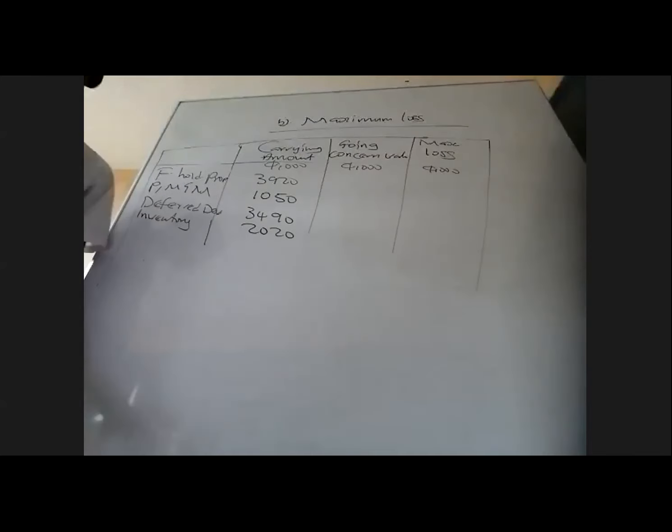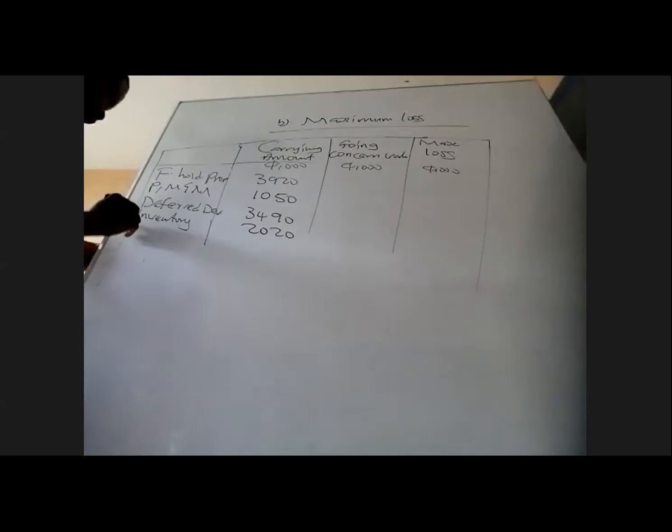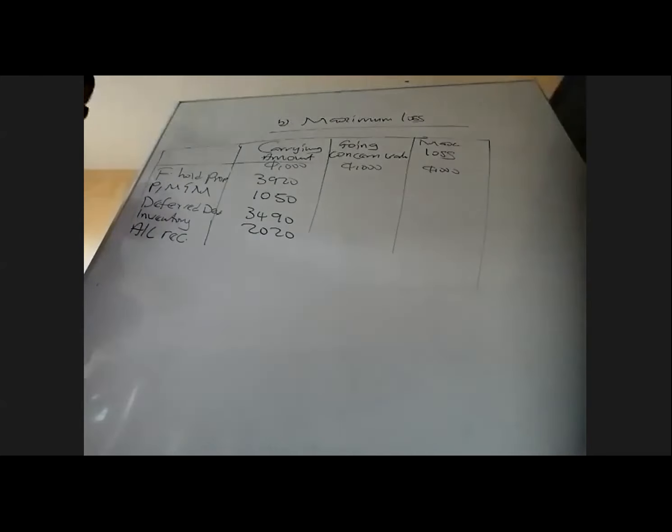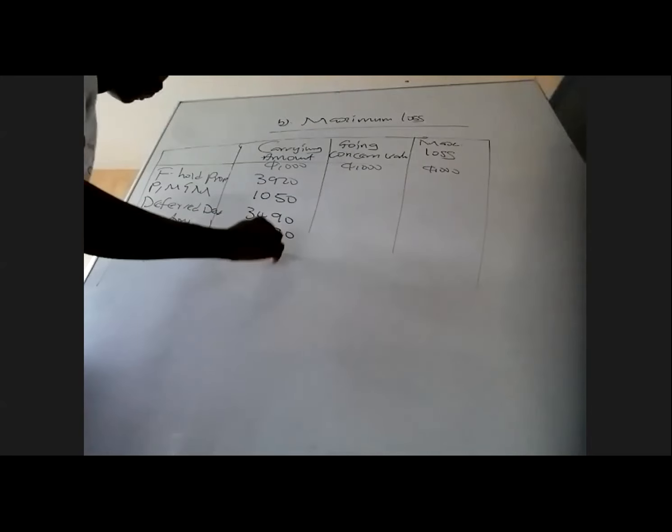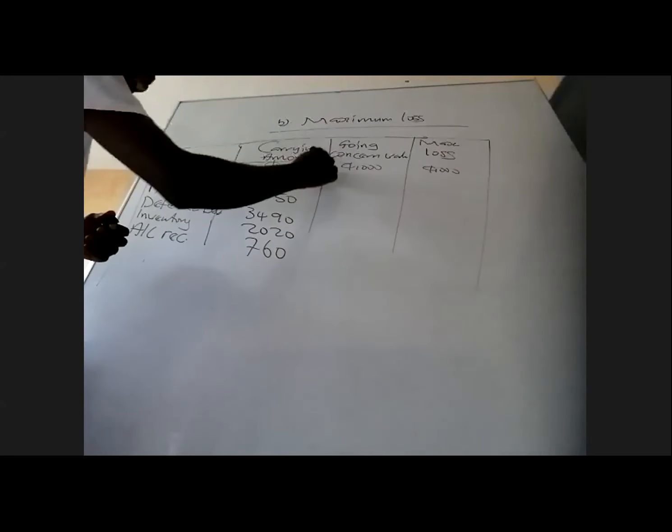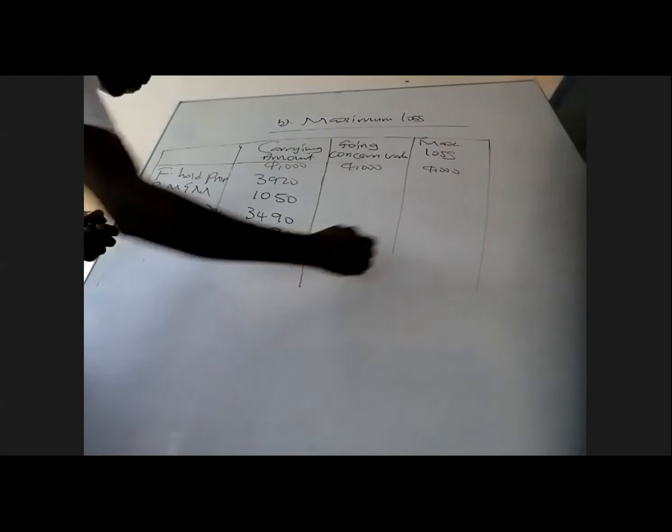Okay, that's fine. Now let's go to account receivable. With account receivable, it's 760. Good. So these are the assets.